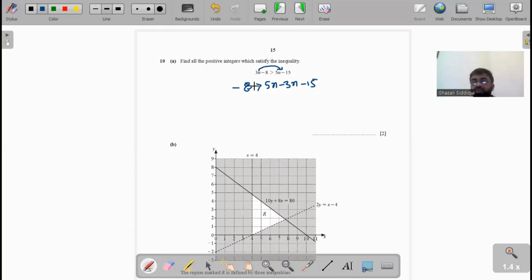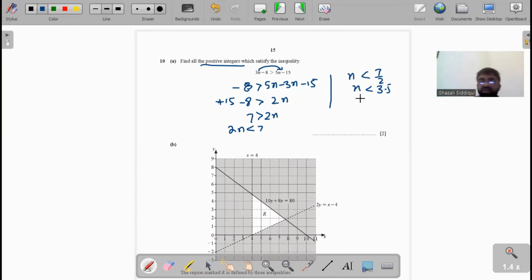Now 15 is shifted from right to left side, we get plus 15 minus 8 greater than 5n minus 3n, and that is 2n is less than or equal to 7. We can write it as n is less than 7 over 2, n is less than 3.5. Now the positive integers less than 3.5 are 1, 2, and 3. This is the answer.